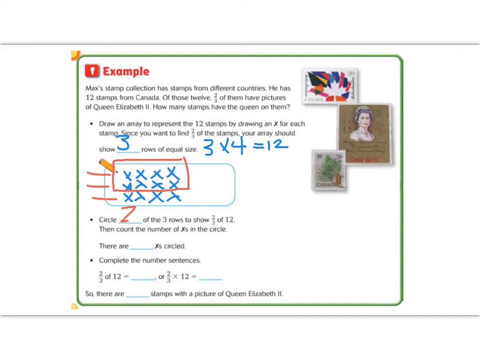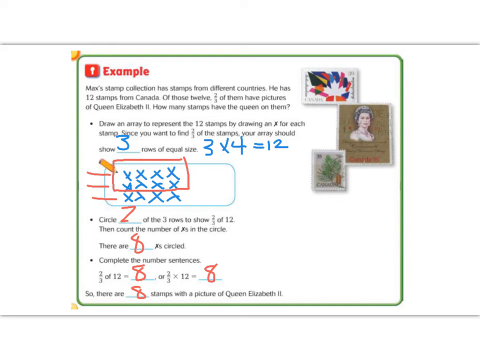Now, how many of them have we circled? We've circled 1, 2, 3, 4, 5, 6, 7, 8. So we have circled 8 counters. So 2/3 of 12 equals 8, or 2/3 times 12 equals 8. So there are 8 stamps that have pictures of Queen Elizabeth II.